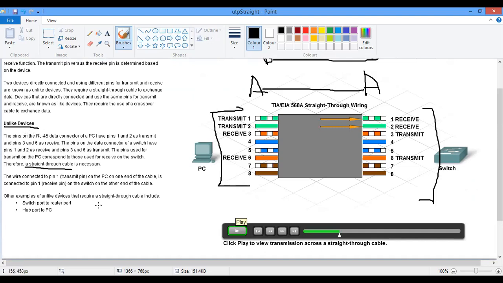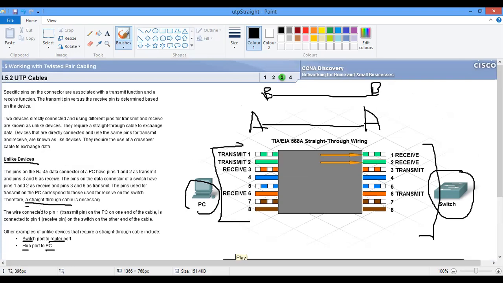Something like a PC and a switch, they are not similar things, or connecting a switch to a router, or a hub to a PC. I'll talk more about routers, switches, and hubs. So this is where we use straight through: when you are dealing with unlike devices.